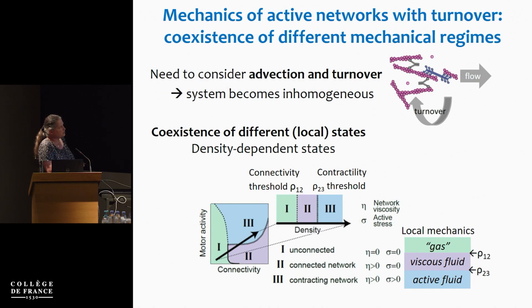And then in different regions of the system, we'll have different phases. The gas phase, taken as no viscosity, no activity. The viscous fluid phase, an intermediate region, where the network is connected, so it has viscosity, but it's not contracting, so we take the contractility to be 0. And then the active fluid state, where the network is both viscous and contracting.